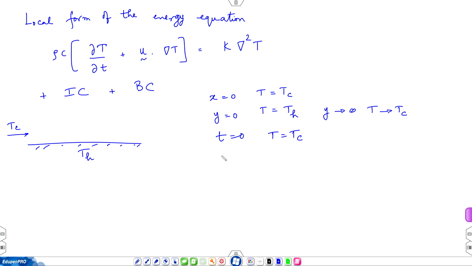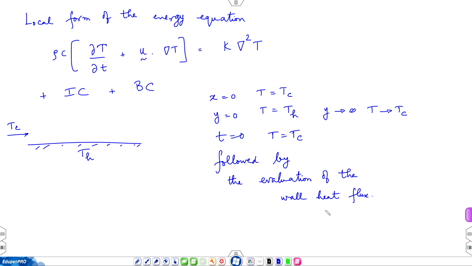This is to be followed by the evaluation of the wall heat flux. Okay.